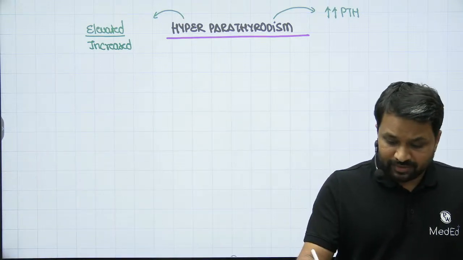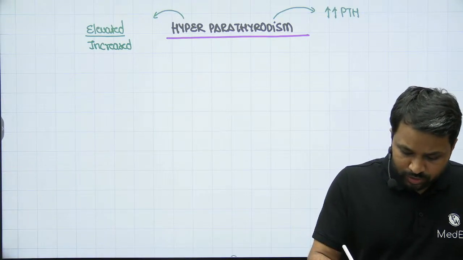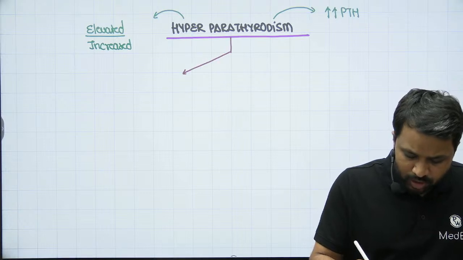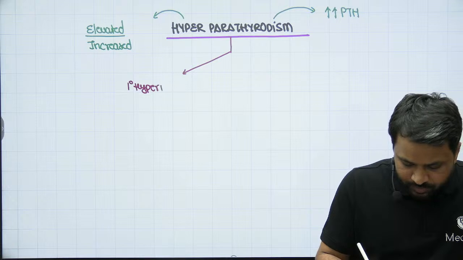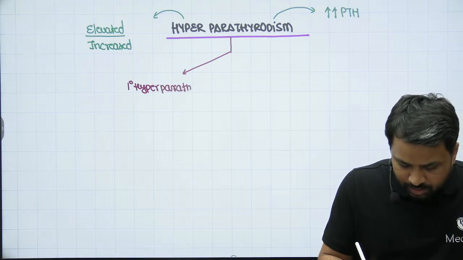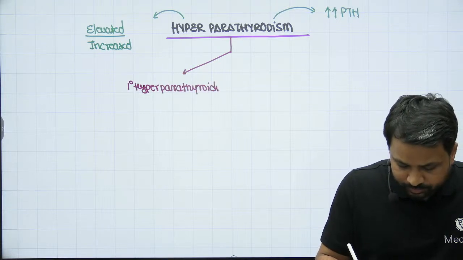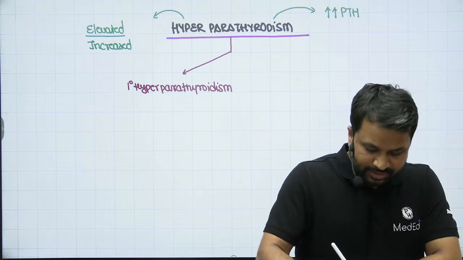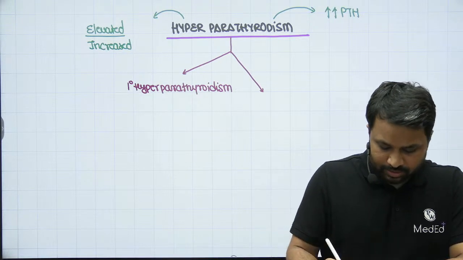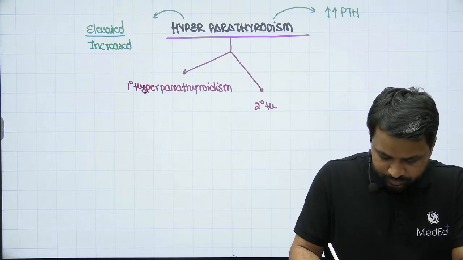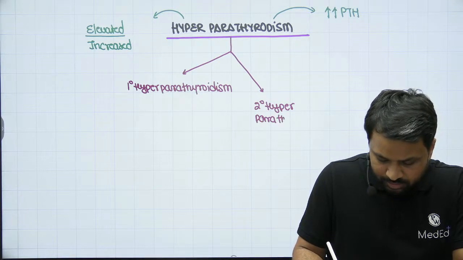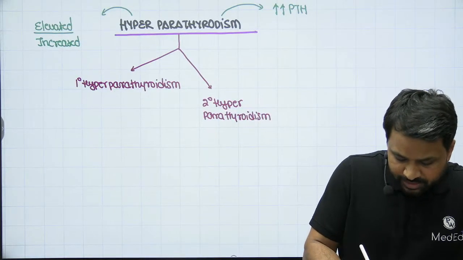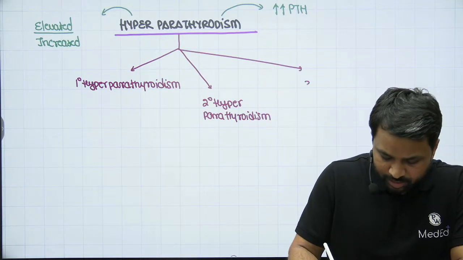Now the reason why they can increase, we can divide into the following context. I can divide them into primary hyperparathyroidism, then the secondary hyperparathyroidism, and the third variant that you have is your tertiary hyperparathyroidism.